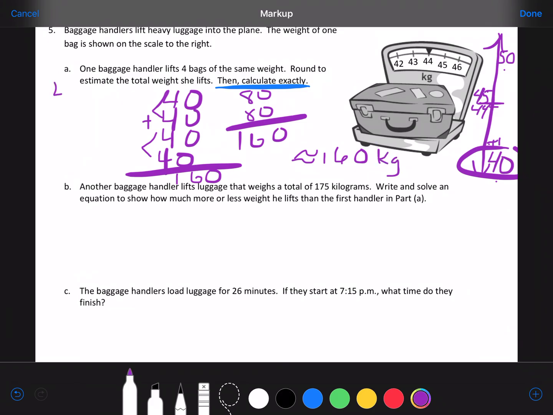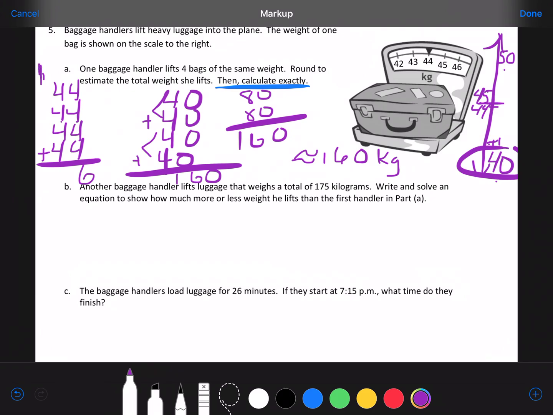All right, so now I've got to add 44 plus 44 plus 44 plus 44 to add it precisely or exactly, right? So 4 plus 4 is 8, plus 4 is 12, plus 4 is 16. The 6 goes in the ones column, and we carry a 1 up to the top.